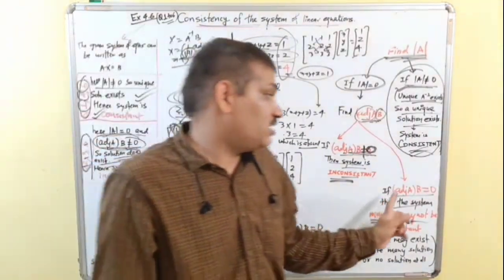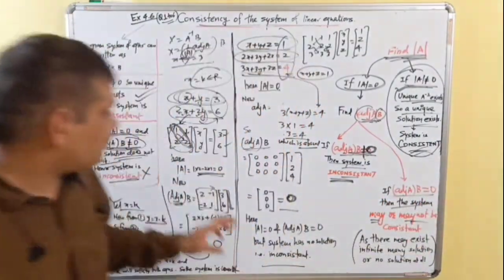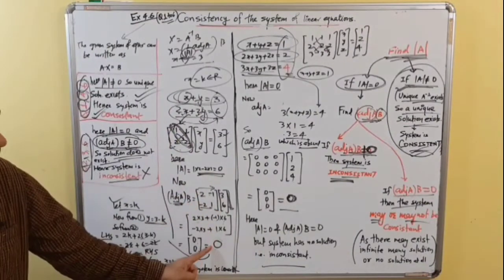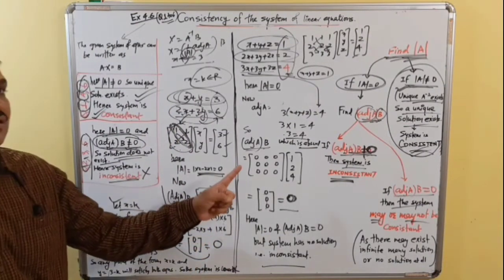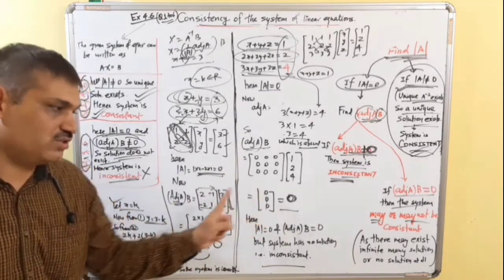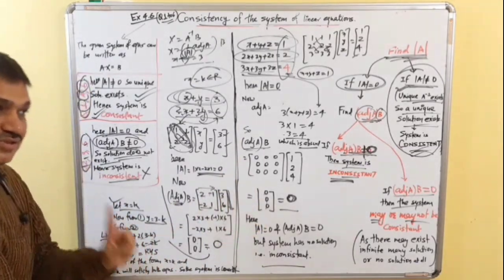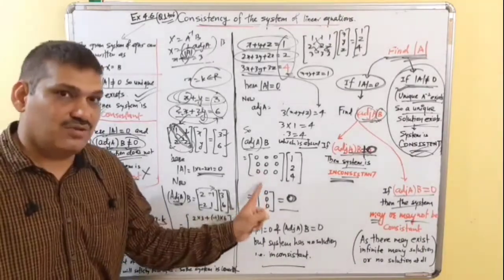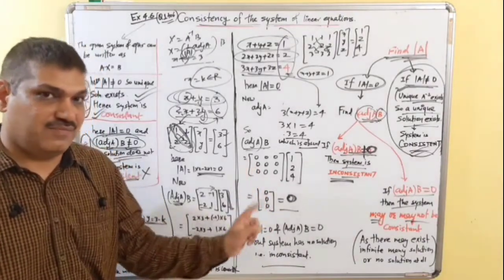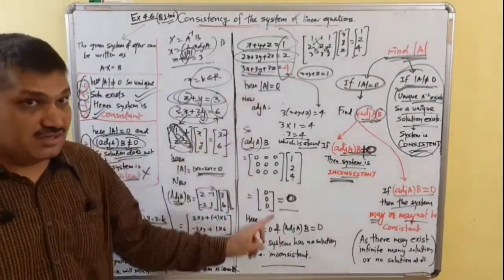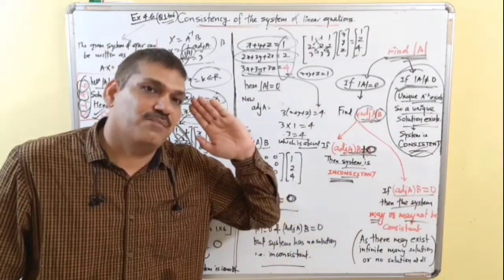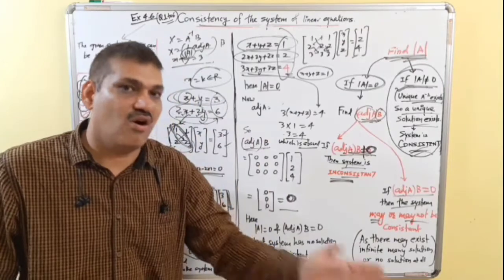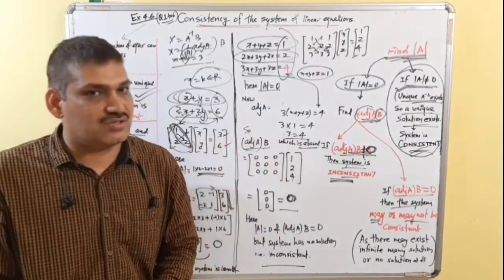But when adjoint A into B is equal to 0, here the system is consistent, with infinitely many solutions, and here the system is inconsistent, the solution does not exist. So when adjoint A into B is equal to 0, the system may be consistent or may not be. That's all about it.